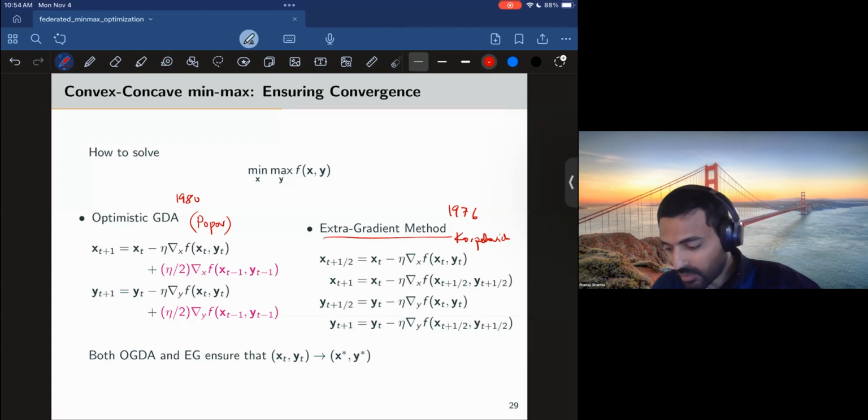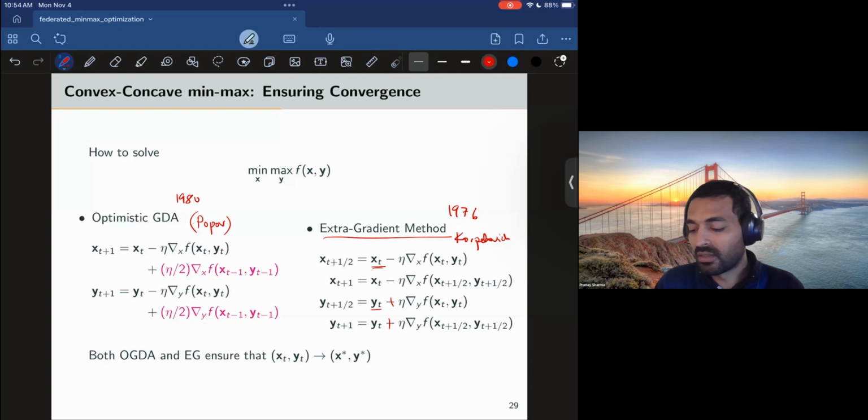So the extra gradient method does something interesting. Starting from x and y, oops, this should be positive. Yeah. So starting from x and y, it first takes a gradient step and arrives at this intermediate point xt plus half. And then to arrive at xt plus 1, it starts from the original point. It starts from xt, but the direction is computed at the intermediate point.